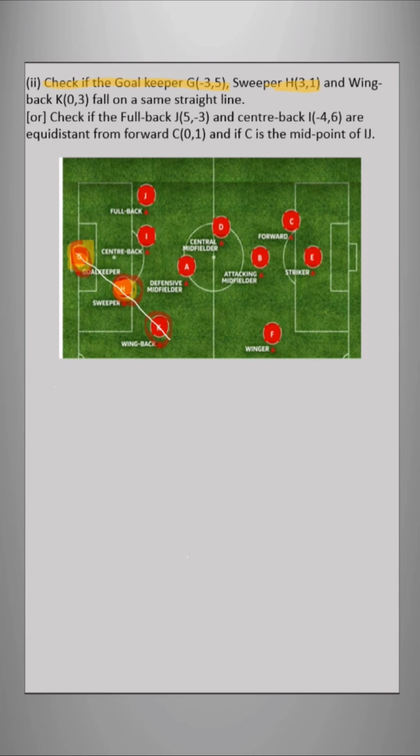The given points are G (-3, 5), this is G, H (3, 1), K (0, 3). If they are in a straight line, the area of the triangle formed by it is 0. Now let us check.